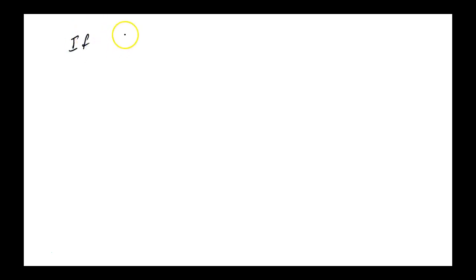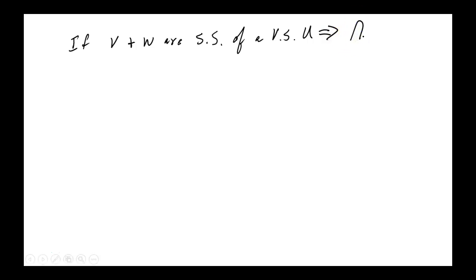If V and W are both subspaces, subspaces of a vector space U. Okay? V and W are subspaces of a vector space U. Then, that implies that the intersection, now the intersection is usually given by the upside down horseshoe, okay?